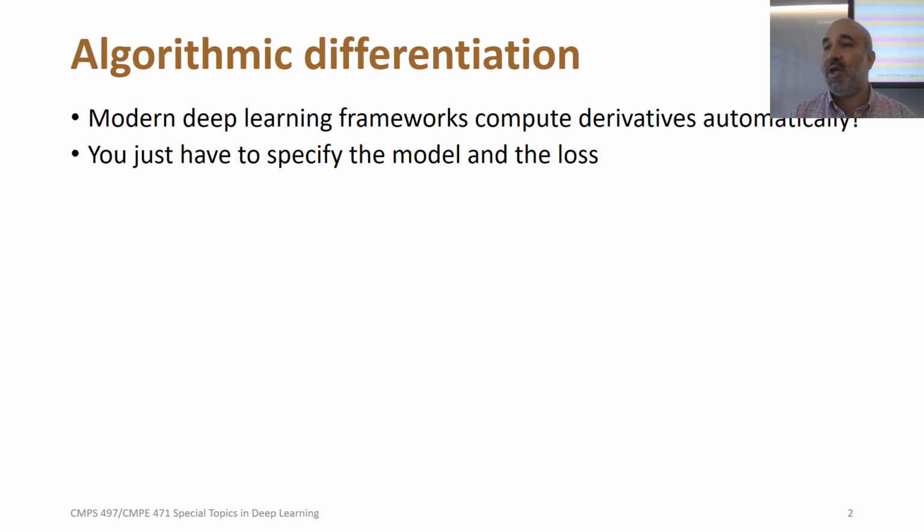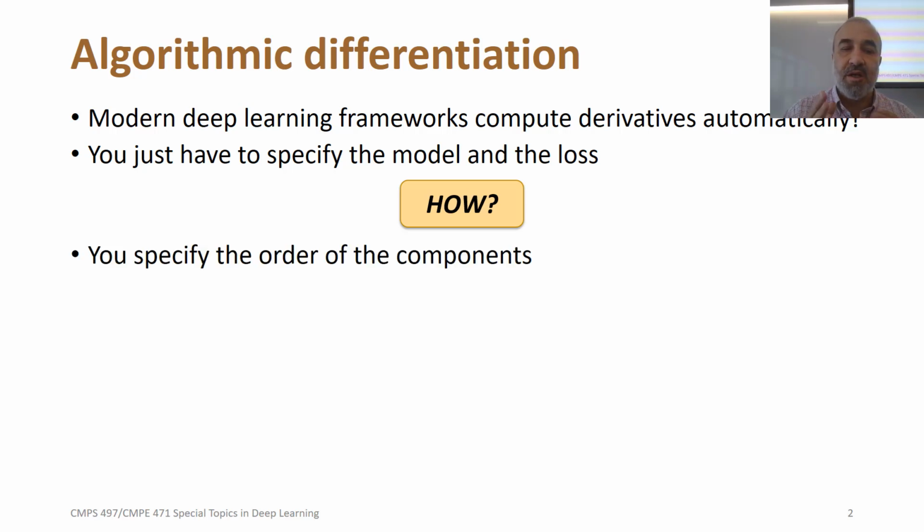Once you do these two things, once you define the model and the loss function, and of course you set the hyperparameters, then backpropagation can be done automatically. You don't need to define the way backpropagation actually works. How can we do that? That's what we will see in this slide.